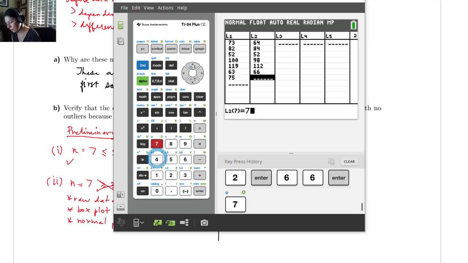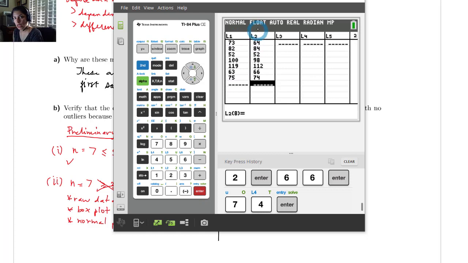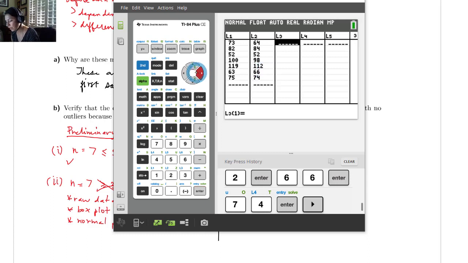Okay, so here list 1 is before and list 2 is after, but this is dependent sampling, so I have to go to list 3 and put in the differences. Don't subtract in your head. Highlight list 3 like mine is right here on the calculator.